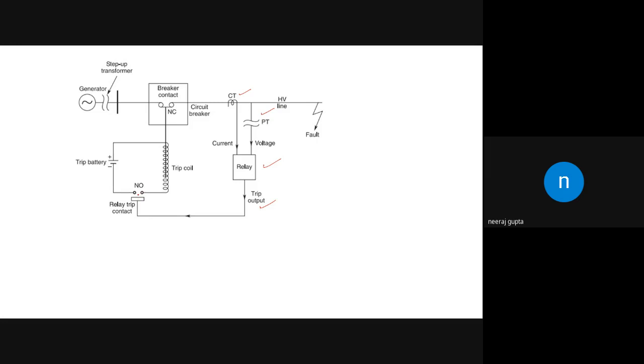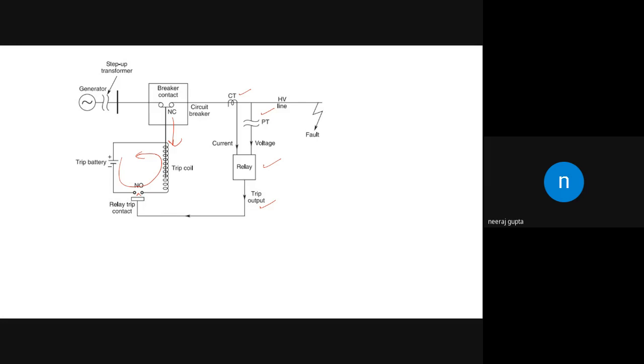When this trip contact is closed, the whole circuit gets energized, and as a result the trip coil removes the latch, the contacts come out, and the circuit breaker is actuated on any fault in the system.